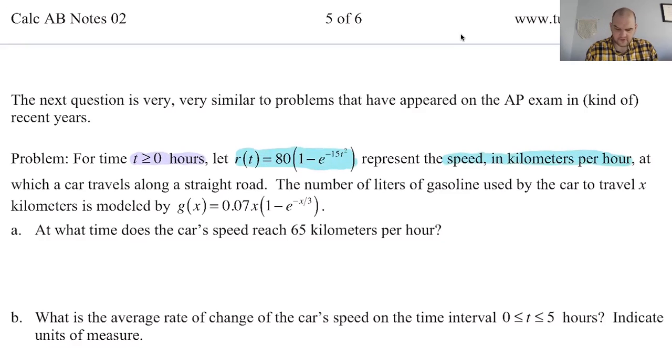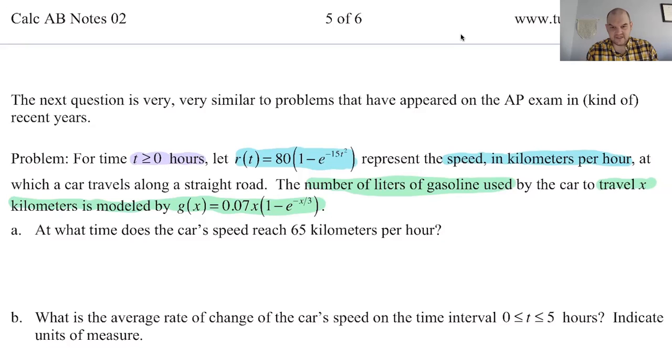All right, so a car travels along a straight road. The number of liters of gasoline used to travel x kilometers is modeled by G of x. So r of t is in hours, r of t is speed in kilometers per hour.